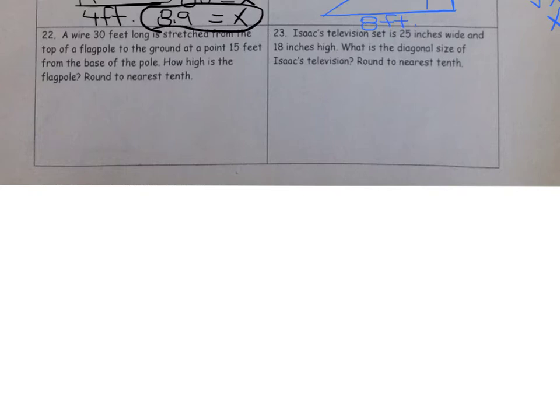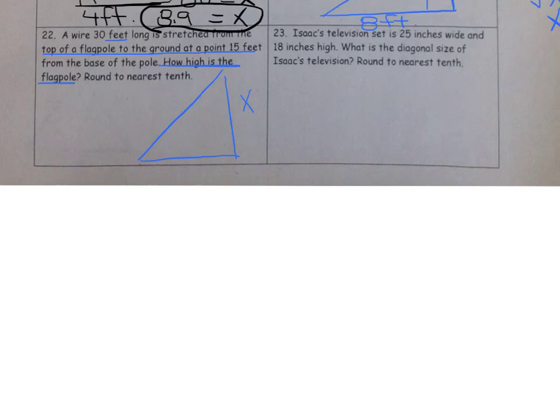Okay, the last two. A wire 30 feet long is stretched from the top of a flagpole to the ground at a point 15 feet from the base of the pole. How high is the flagpole? X is going to be how high the flagpole is because that's what the question is asking.